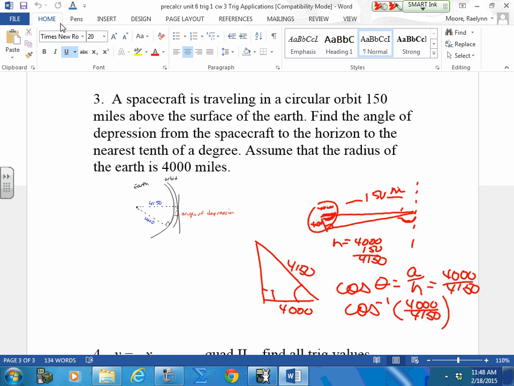I don't know why that was crossed out. Anybody find an angle? Good. 15.5, make sure you put degrees.